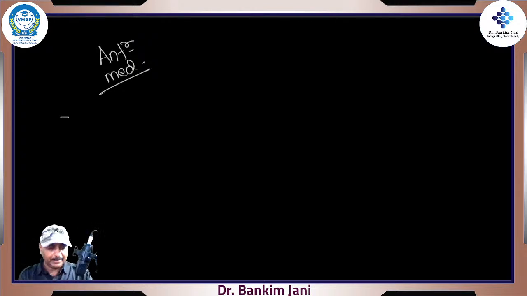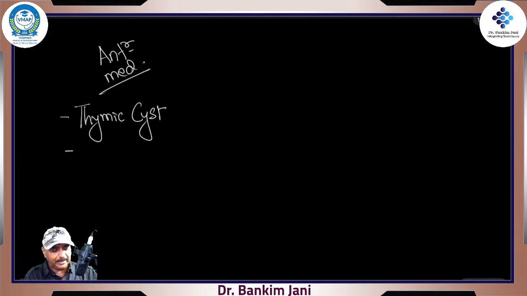So in the anterior mediastinum, we said that one was the thymus. Then very simply, there could be a cyst, a thymic cyst, a clear fluid filled cyst, very well defined, round. Do we have any window period for it?